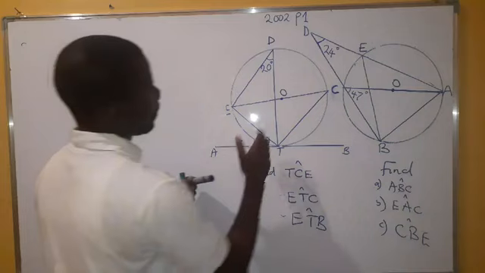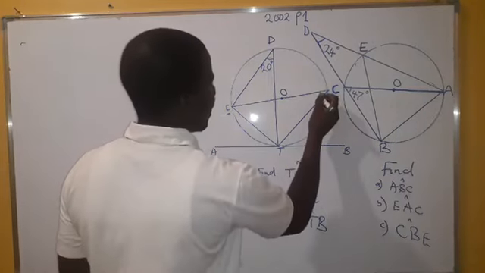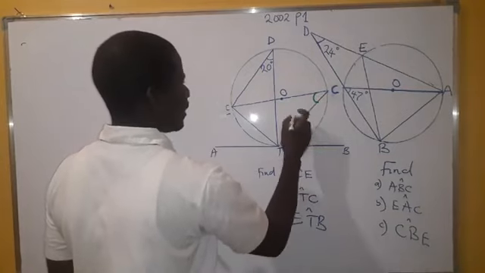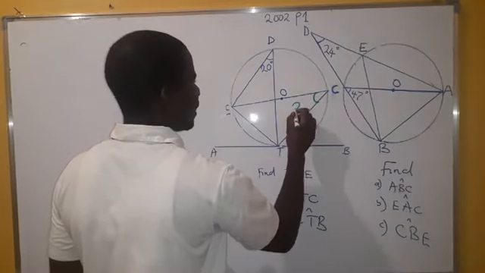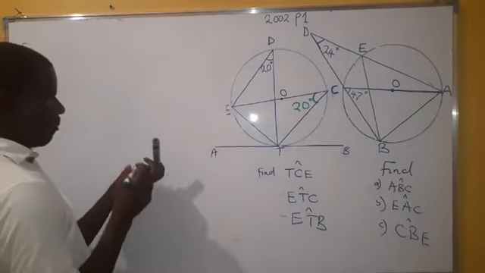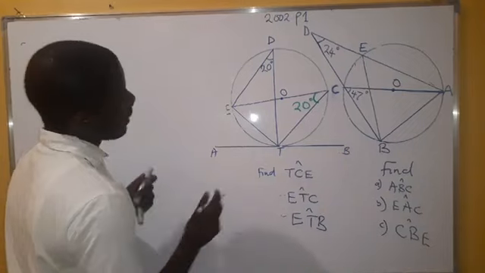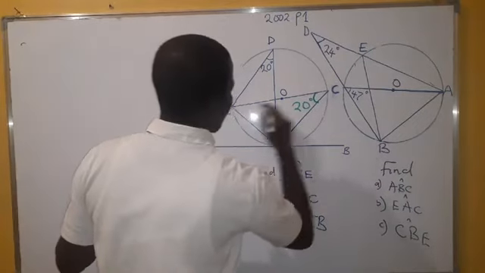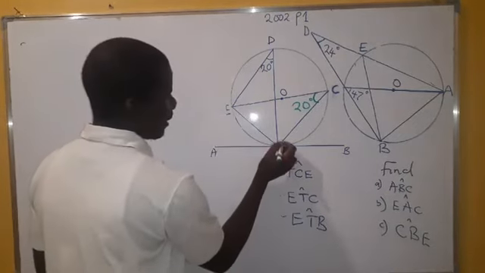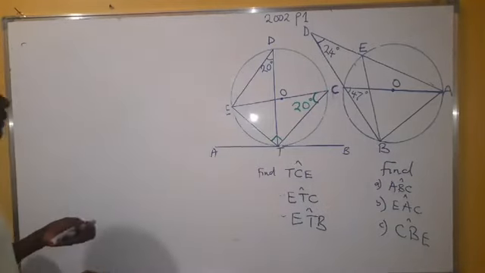Okay, so this 20, even this one is 20, because these are supposed to be angles in the same segment. Okay, are we together? Then here, if this one is the diameter, then we should know that this angle in a semicircle here is 90 degrees.